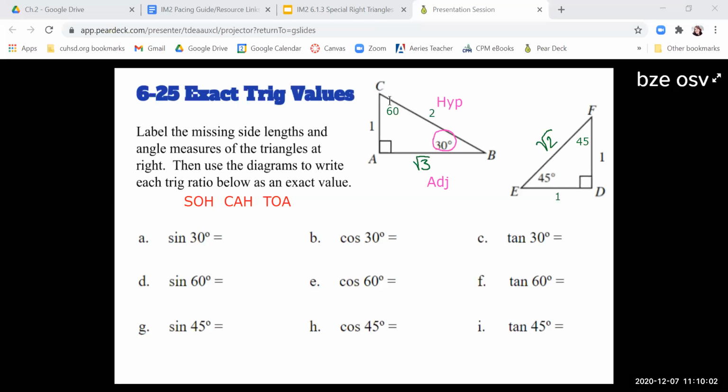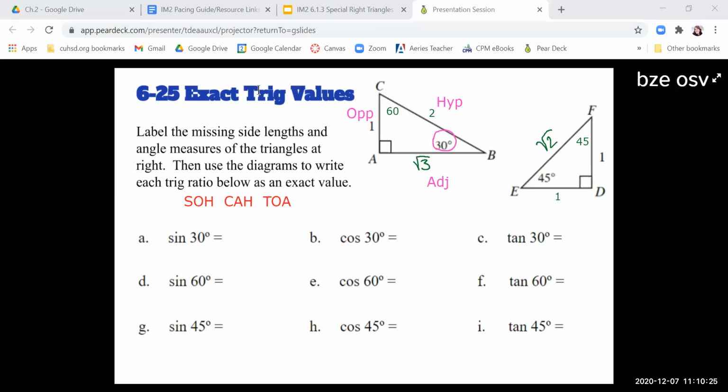So the hypotenuse in this triangle is 2, the adjacent side is √3, and that leaves the opposite side over here to be 1. All right, so now that we've labeled those, we have all the information we need to set up our sine of 30, cosine of 30, and tangent of 30.